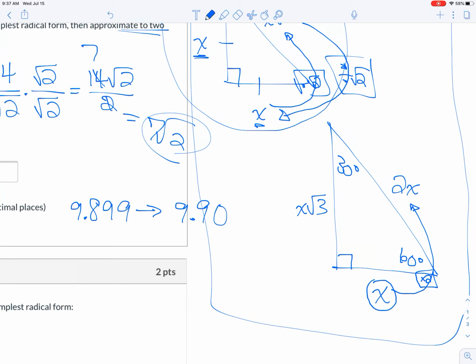To get from the hypotenuse back to the short side, I divide by 2. To get from the short side to the long side, you multiply by square root of 3. And to get backwards from the long side, the side opposite 60, back to the short side, you divide by root 3.